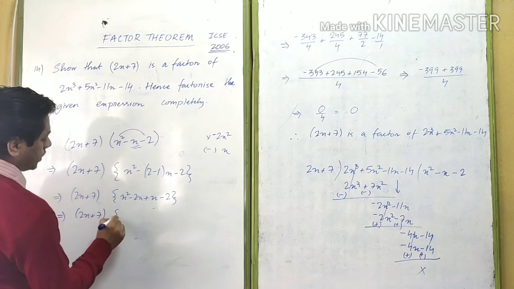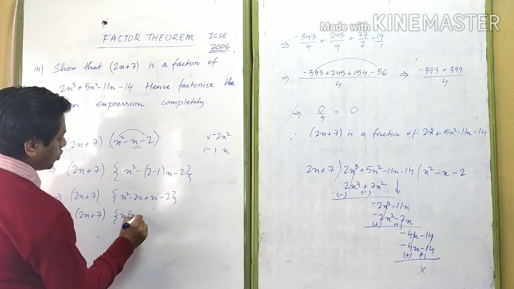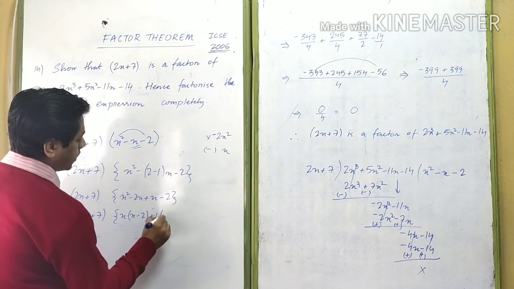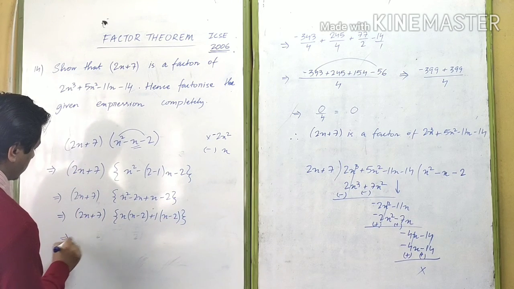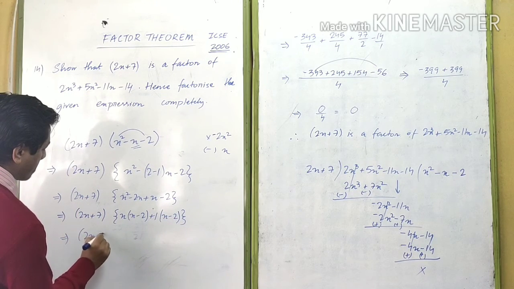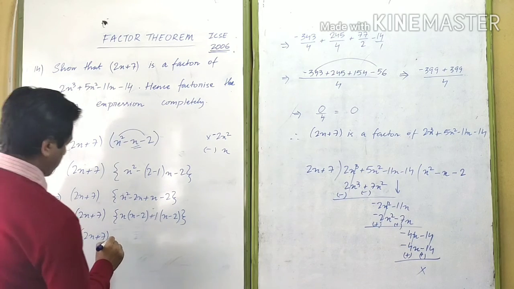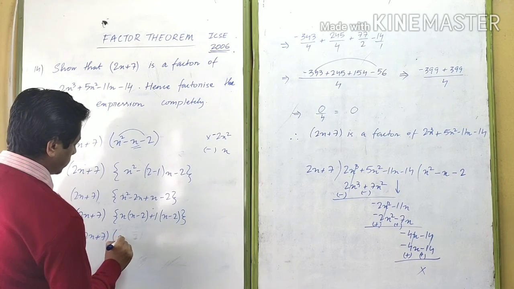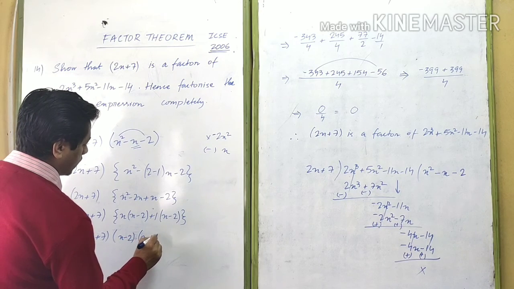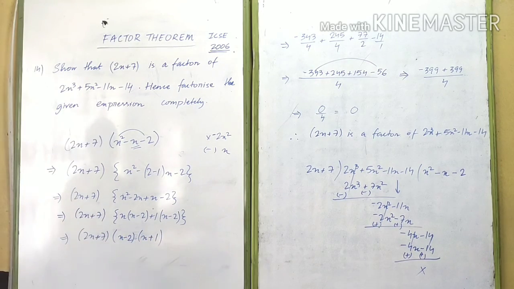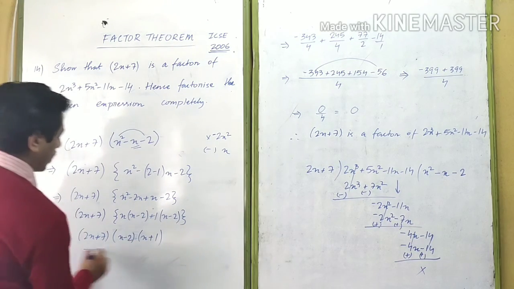Now we will take common x minus 2, plus 1 common x minus 2. So my final answer is 2x plus 7, x minus 2 and x plus 1.